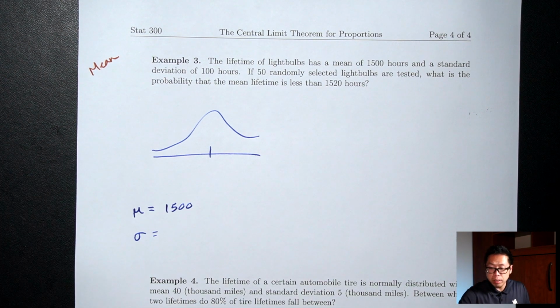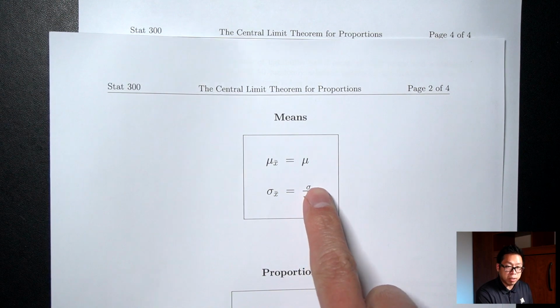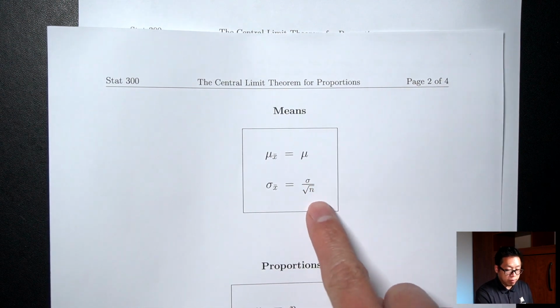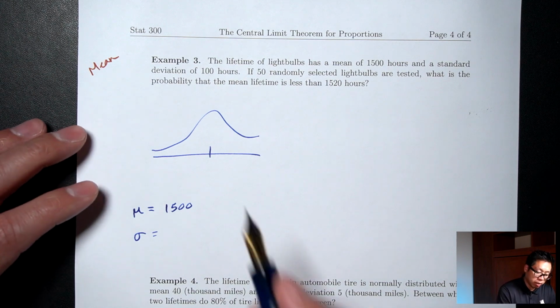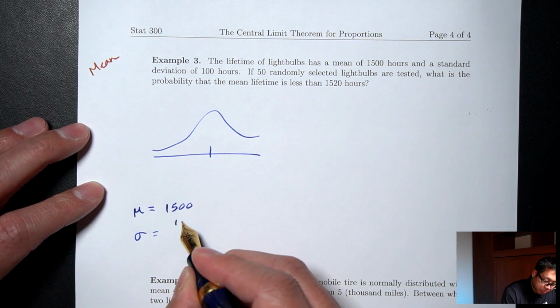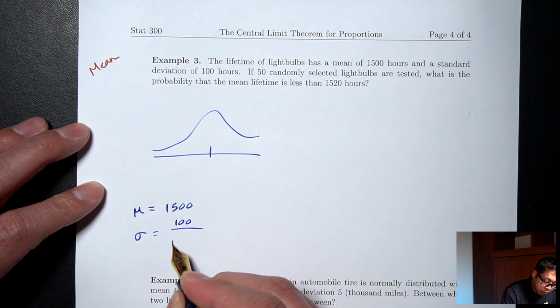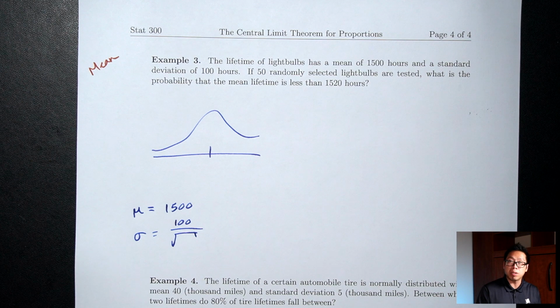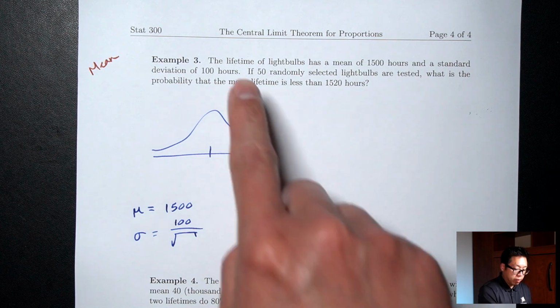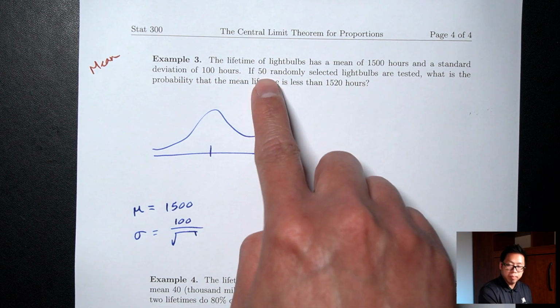The standard deviation is going to be the original standard deviation of the population divided by square root of n. Okay, the original standard deviation is 100 divided by square root of n. N is the sample size, so usually it's the number of people that we're selecting. In this case, we're talking about light bulbs, so the number of light bulbs that we are selecting. 50 randomly selected light bulbs. It's going to be 50.